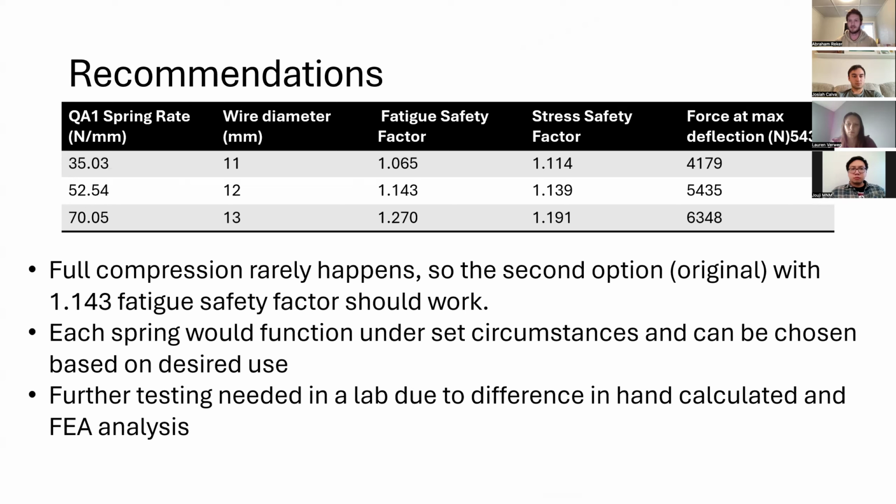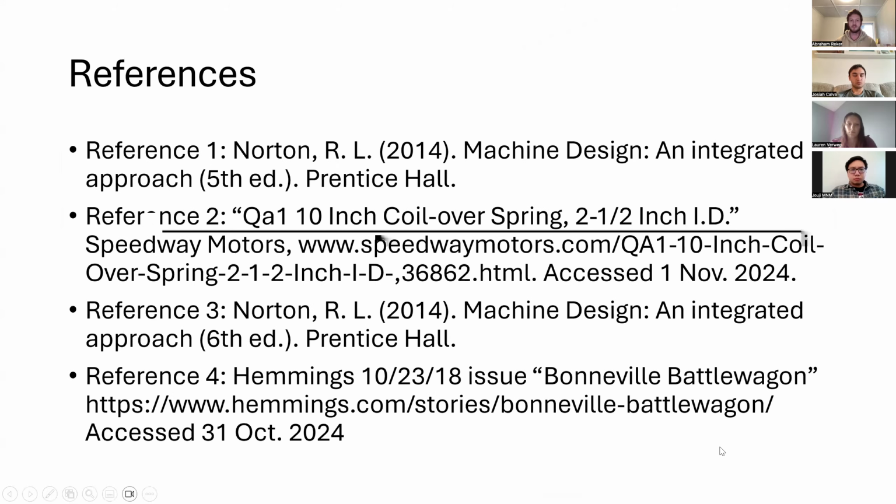Those were all just guesses, and so that definitely contributed to our errors. But I think we made pretty good assumptions. And here are our references. We have Norton, there's the website for the spring, and also there's a reference in there that will reference back to the report.